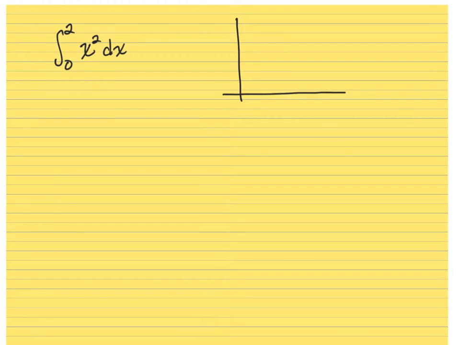That means we're working with the x squared graph, and we want to find the area from 0 to 2. So there's 0, and there's 2, and we are looking at finding this area right there.